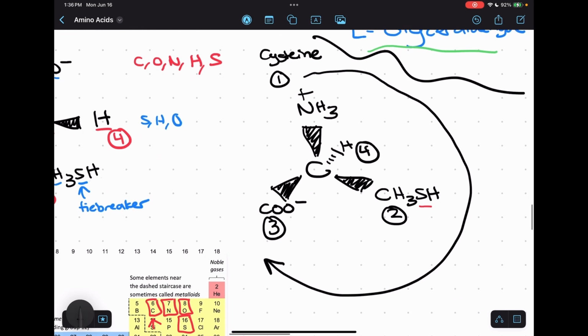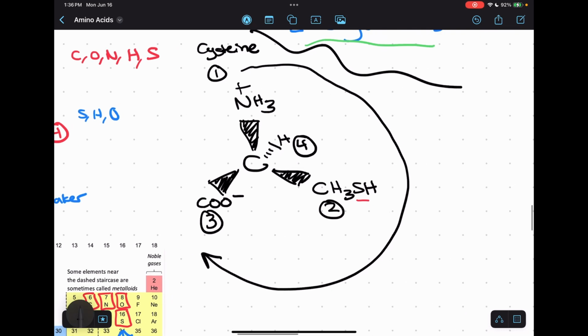When we have it situated like this with the lowest priority substituent facing away from you, basically directly normal to the plane of the paper, not tangential, but normal to the plane of the paper, then we can go ahead and look at how the rest of the priority groups line up.